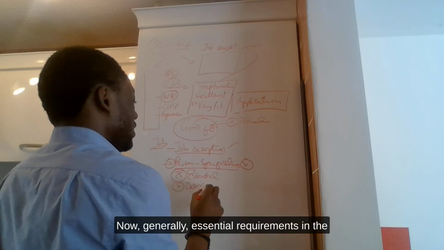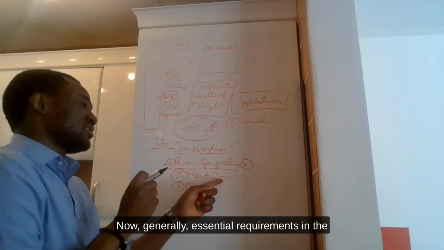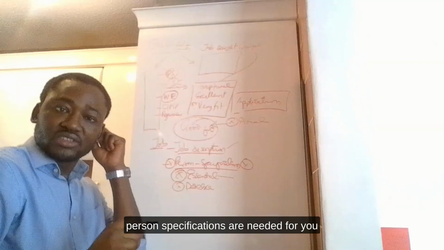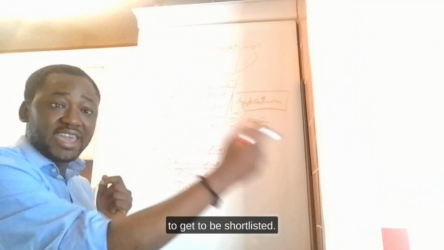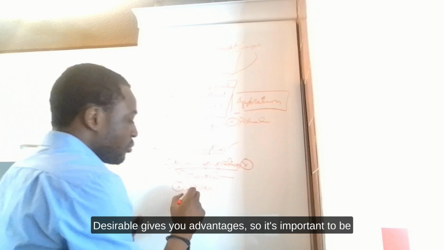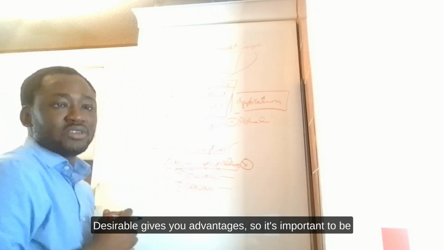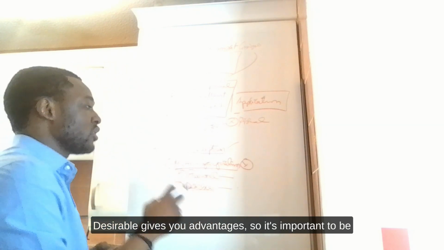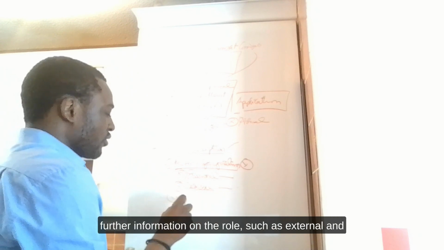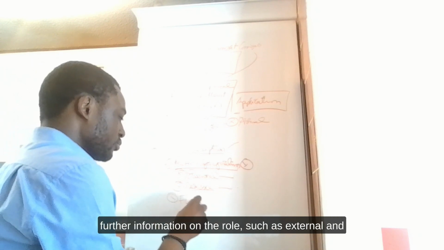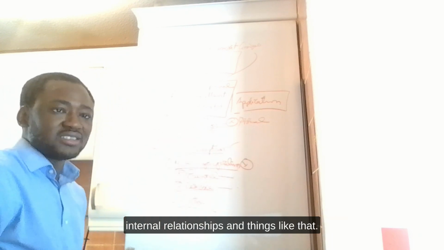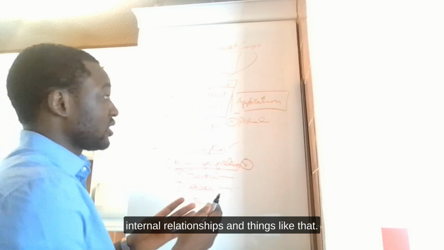The person specification you can break down into two: essential and desirable. Generally, essential requirements in the person specification are needed for you to get shortlisted. Desirable gives you advantages. So it's important to understand this. And then you can have further information on the role, such as external and internal relationships and things like that.